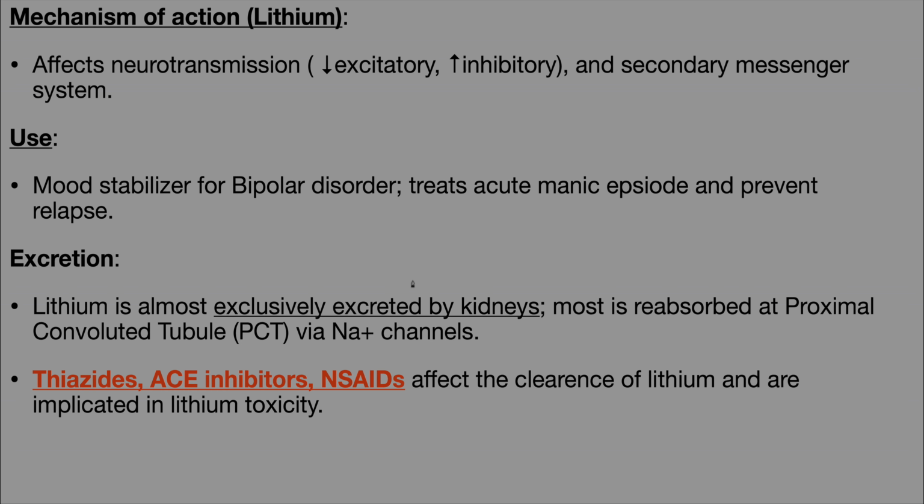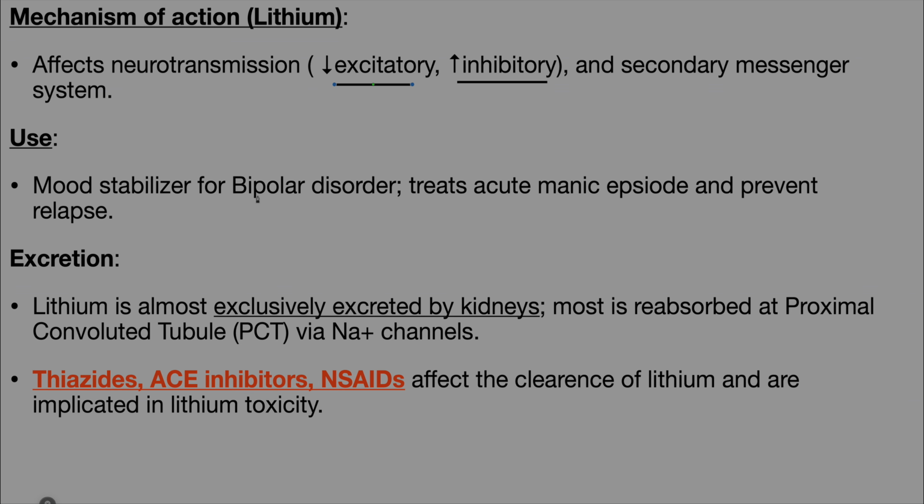Now this slide shows the mechanism of action of lithium, use of lithium and excretion of lithium. First of all, the mechanism of lithium. It affects neurotransmission. It increases inhibitory neurotransmission and decreases excitatory neurotransmission.